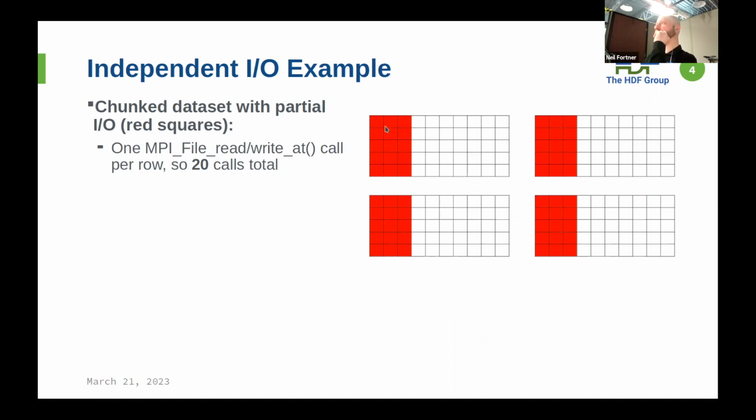So that means 1, 2, 3, 4, 5 in this chunk, 1, 2, 3, 4, 5 in this chunk, and so 20 calls total. Obviously these datasets could be much larger, so if you're calling MPI_File_write in a loop, you could add a lot of overhead there.